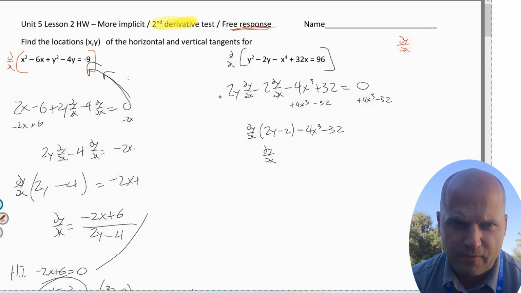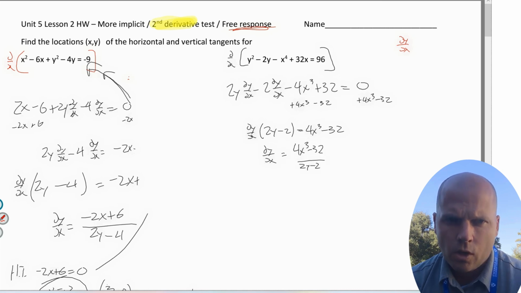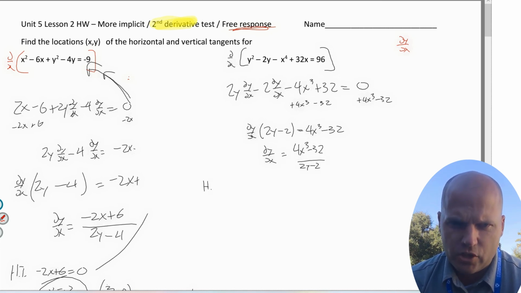I skipped the step of factoring out the dy dx. I did all at once. Hope you're okay with that. Cool. Make sure you know which one's which.